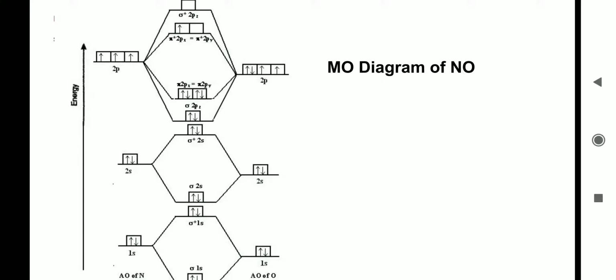Now the overlap of 1s of nitrogen with 1s of oxygen will result in the formation of two molecular orbitals, sigma 1s and sigma star 1s. One is bonding, the other one is anti-bonding. Similarly, in case of 2s orbital combination of both the atoms, two molecular orbitals, sigma 2s and sigma star 2s, will be formed.